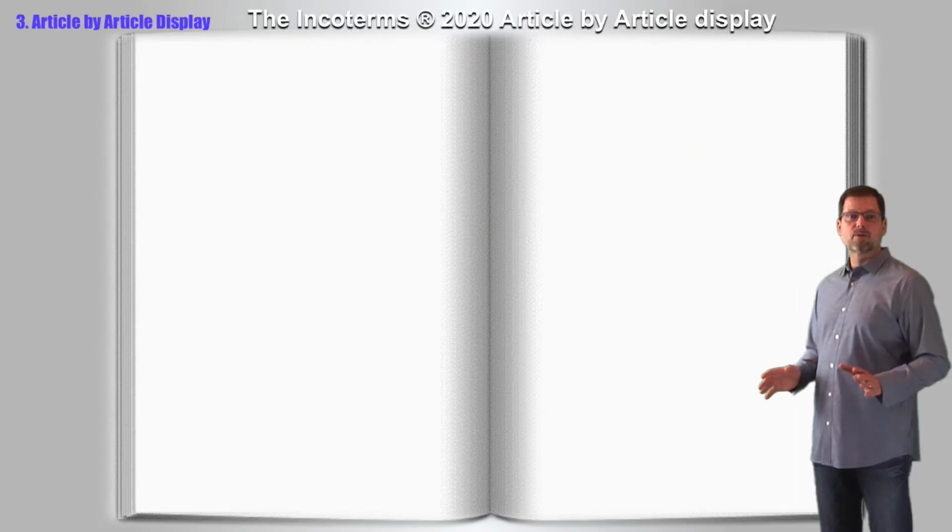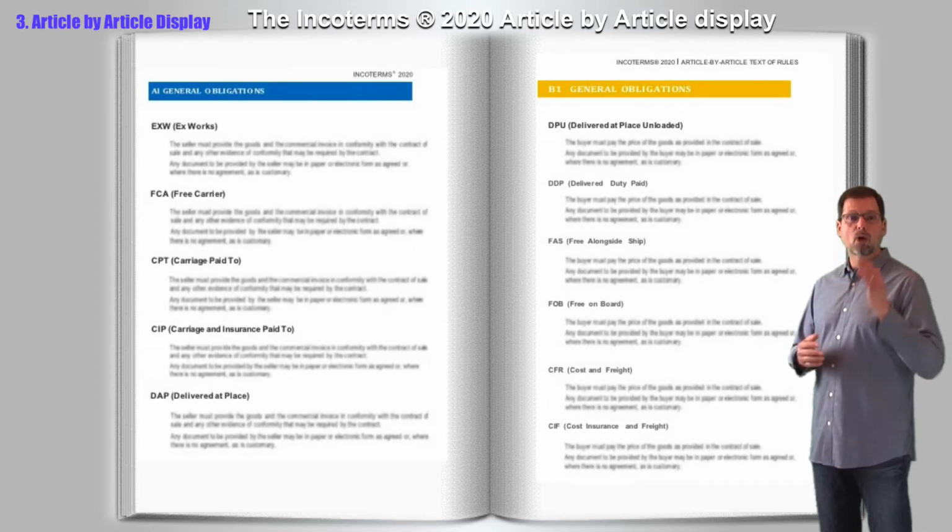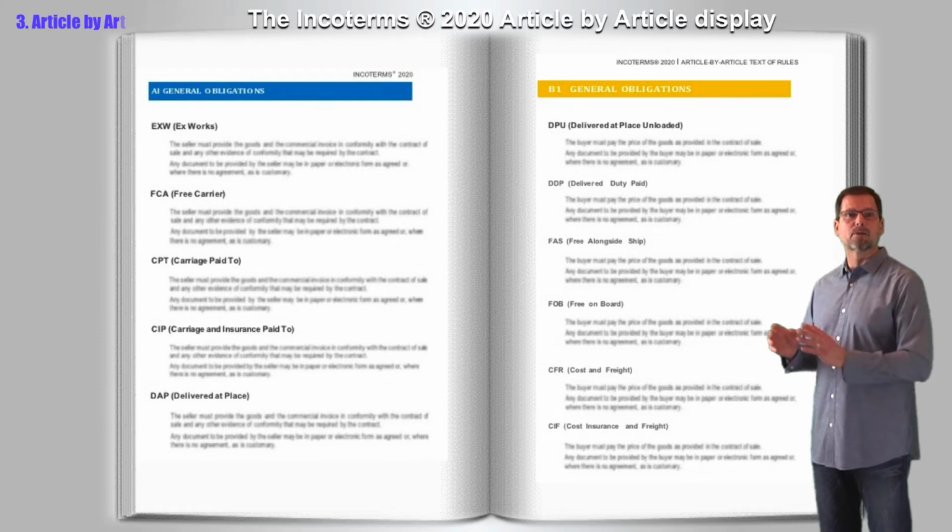The 2020 version adds a completely new section within the book, which displays all the rules horizontally sorted below each of the articles, allowing for a quick comparison of the same article among different rules.